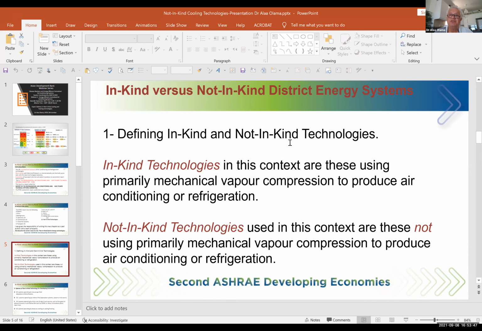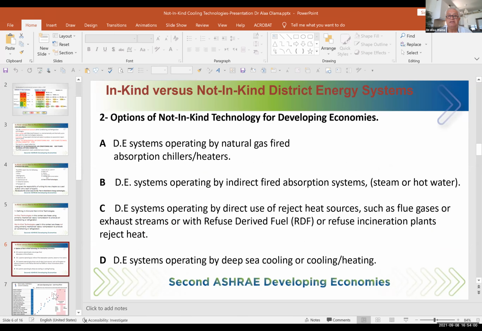And by definition, this is a more sustainable system, a higher efficiency system. Of those technologies, possibly one of the more developed kinds is the system using a natural gas-fired chiller to produce cooling, an absorption chiller, and those using reject heat, such as exhaust and refuse energy, to fire a system.